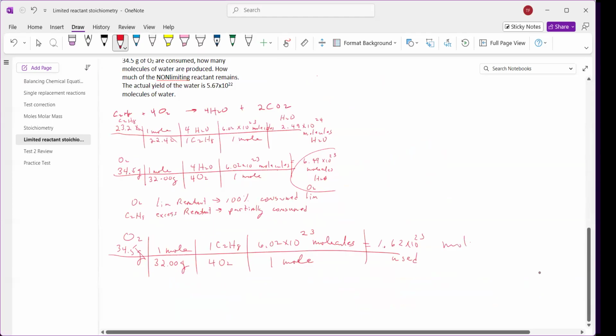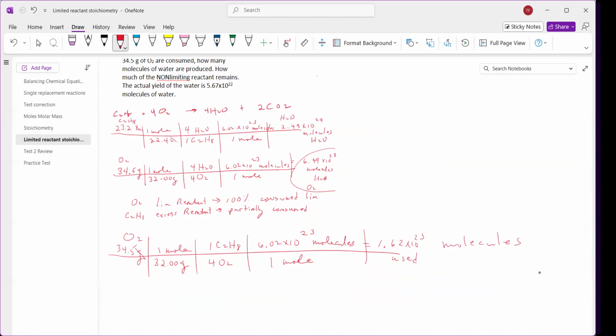Now there's a challenge here. I want to know how much excess, so you subtract, but you can't subtract molecules from liters. We need to convert one of them so they're both the same.